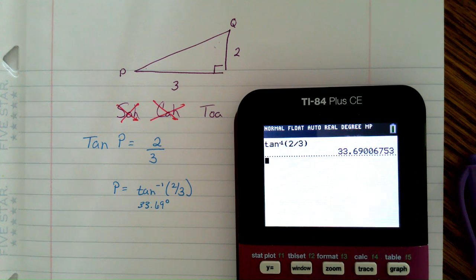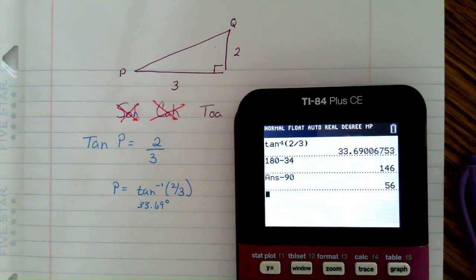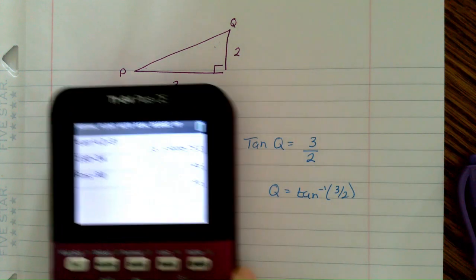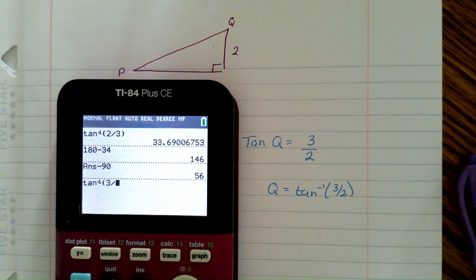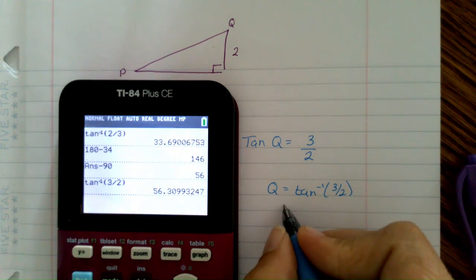Okay, so could we round that to 34 degrees? Yes. And 180 minus 34 is not 180. Minus another 90, because I forgot, is 56. The other one should be about 56 degrees. Let's check it. 56.31, close enough for you?